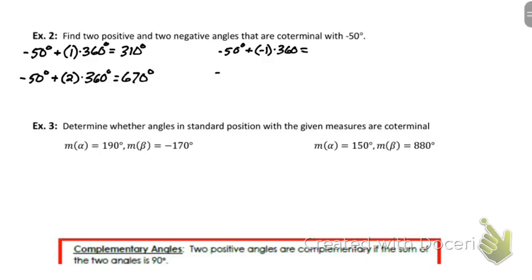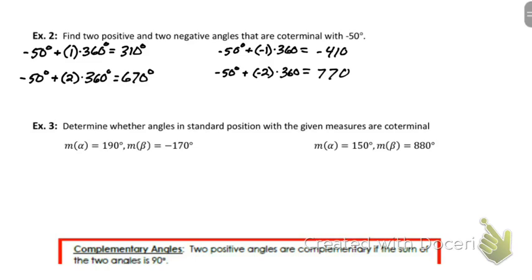And then to do that again, I have negative 50, rotate it twice in the negative direction, which will give me negative 410, and it'll also give me 770. I don't care if you use this formula. Just get the right answer. Know what I'm talking about. Know that I mean 360. Something that's happening with 360.